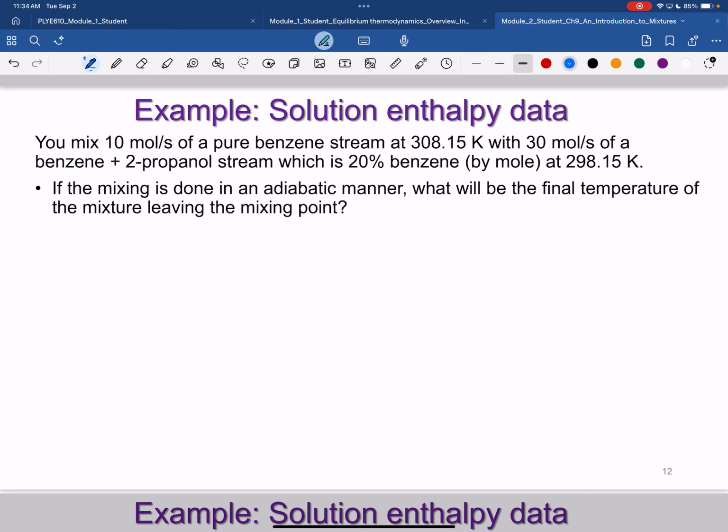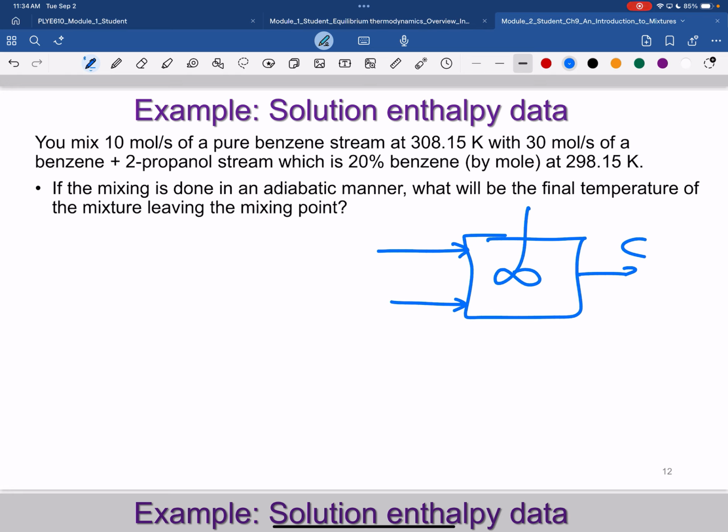Stream 1, stream 2, let's call this C. Stream A is pure benzene. Stream B is the 20% benzene mixture with propanol.